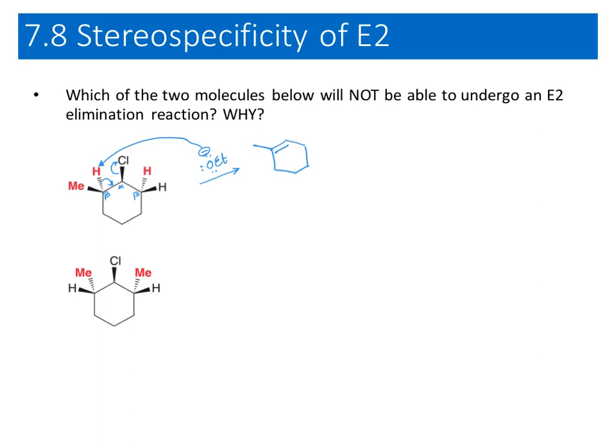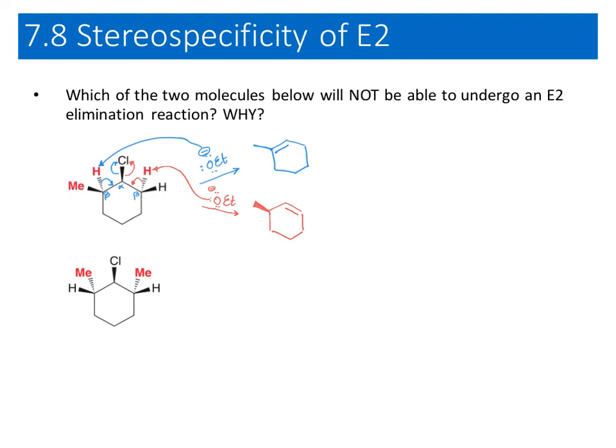And if elimination happens in the right side, I'm gonna get this product. Okay, and methyl is still in wedge.